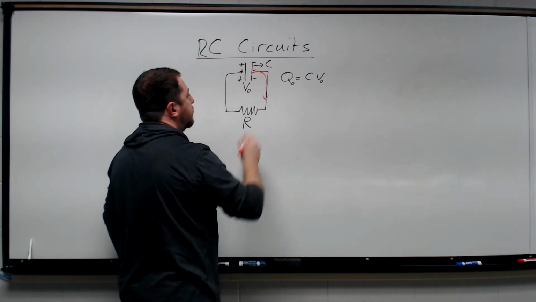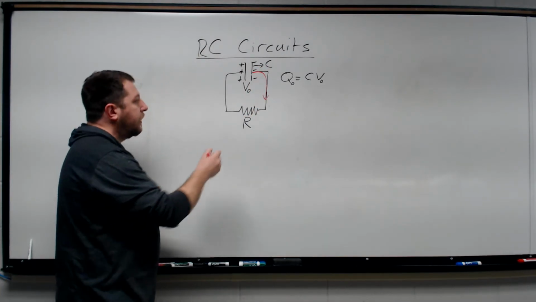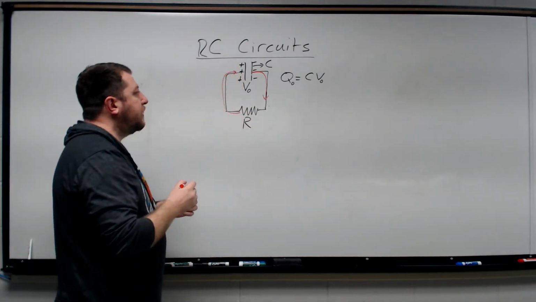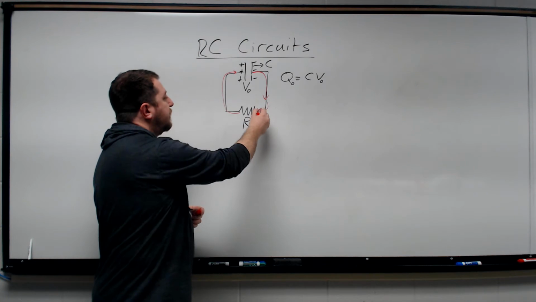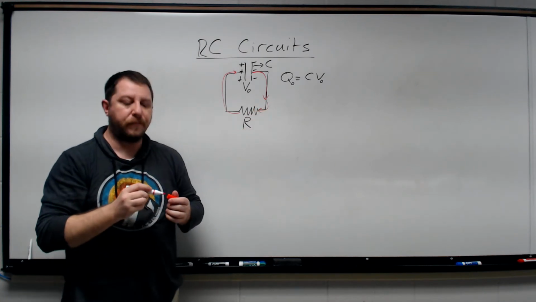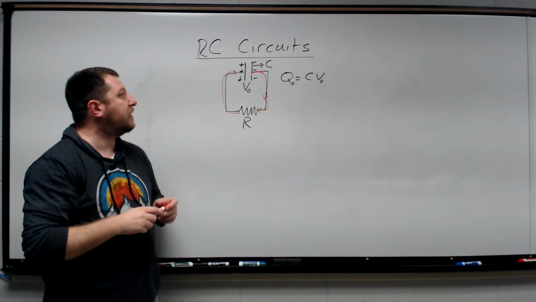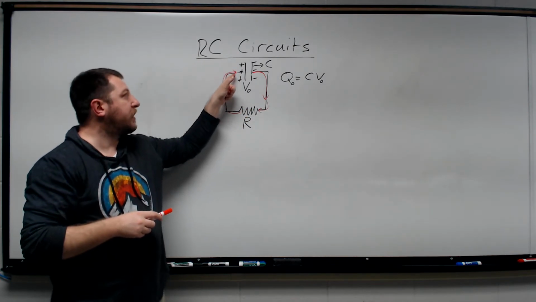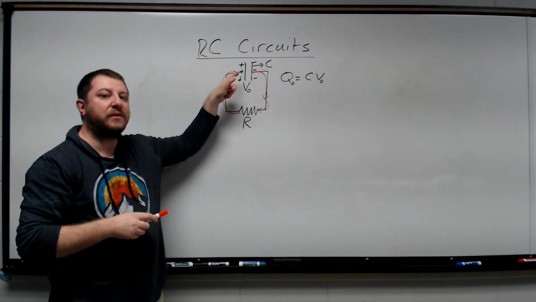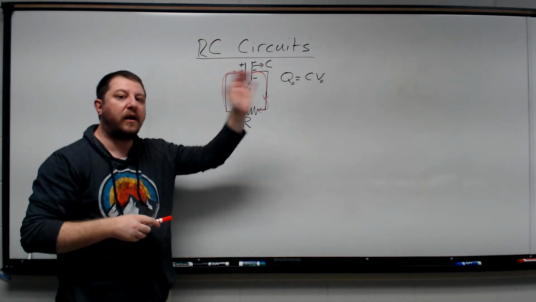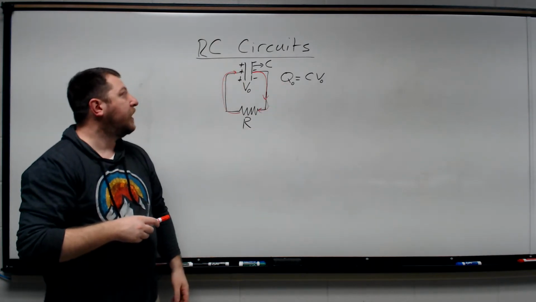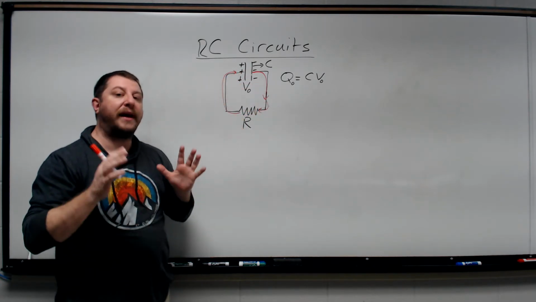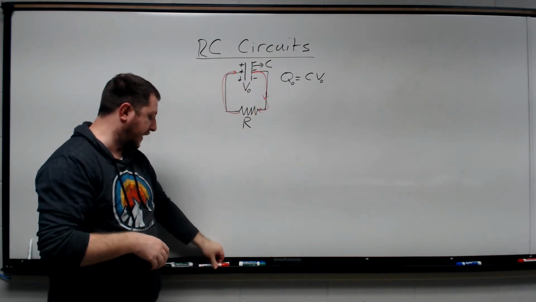So my negative charges are going to flow this way, and the electric field is going to establish a current through the entire circuit. As soon as that electric field is established inside the wires, whatever free electrons are right next to the positive capacitor plate are going to be drawn to it, and every single point in the wire will have electrons flowing through it in the same direction.